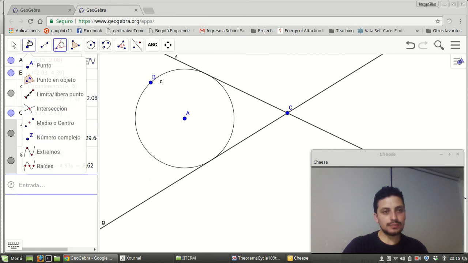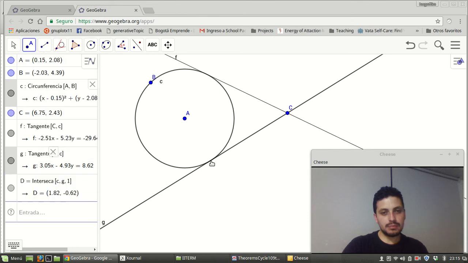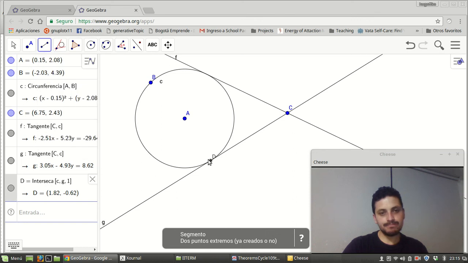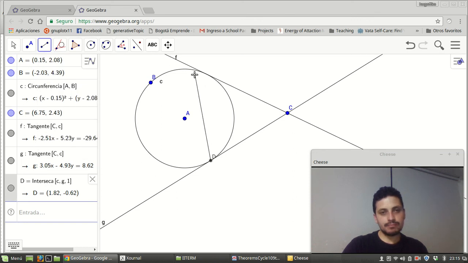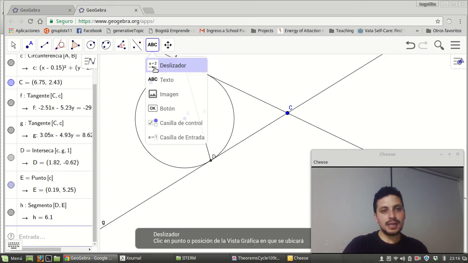So the point of tangency, and let me do a chord. Okay, that's the idea.